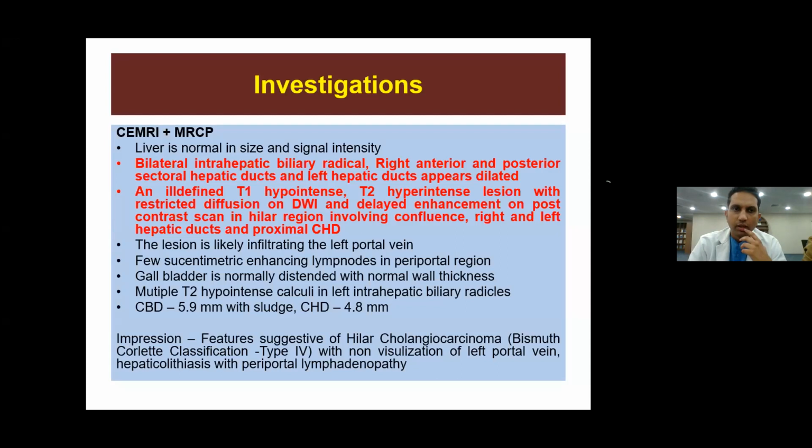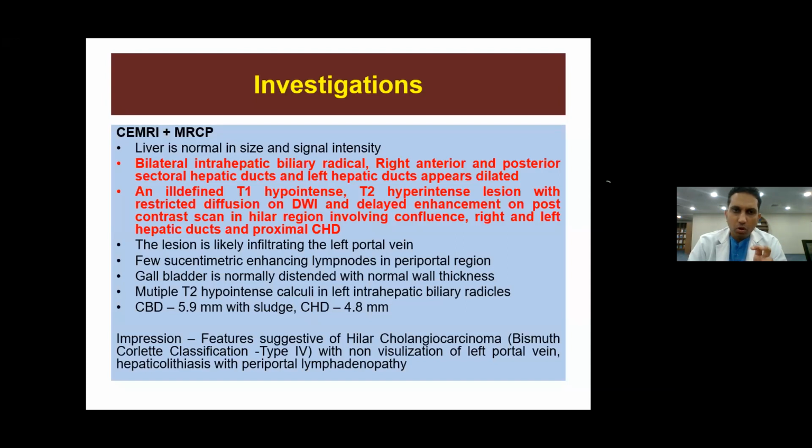There was an ill-defined T1 hypointense, T2 hyperintense lesion, which showed diffusion restriction and delayed enhancement on post-contrast scan in the hilar region, involving the confluence, right and left hepatic ducts, and also the proximal CHD. The region was also likely infiltrating the left portal vein because it was not visualized. Few subcentimetric enhancing lymph nodes were there in the periportal region.